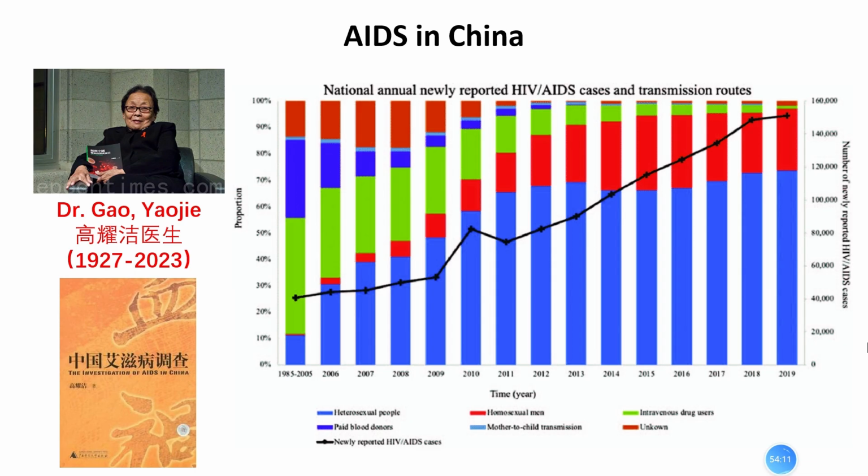Hopefully we can do something to block HIV spreading in this country. There is some data saying that the positive rate in China is about 1 out of 1,000, and this number is very big, 1 out of 1,000 of the whole population in China.